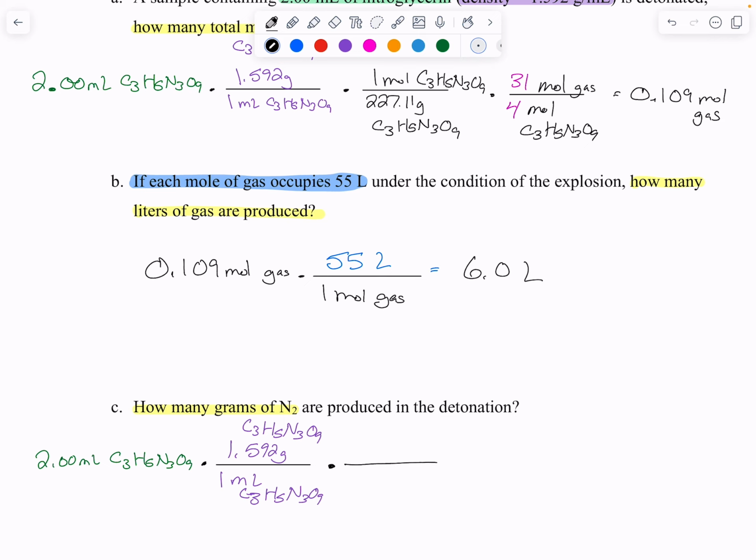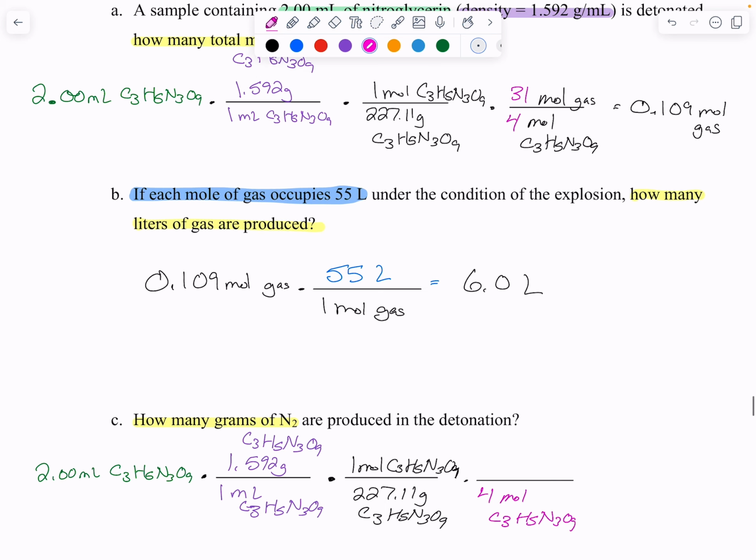And then we got to convert to moles. 227.11 grams of C3H5N3O9 is 1 mole. And now we're in the molar ratio. So 4 moles of C3H5N3O9.